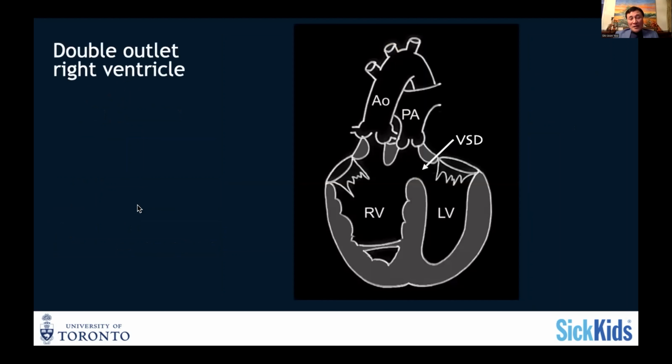Okay. So when you have double outlet right ventricle, this is a cartoon, but when you have double outlet right ventricle, the VSD becomes the only outlet of the left ventricle, right? And then the outlet is divided into subaortic and subpulmonary outflow tracts by the outlet septum.